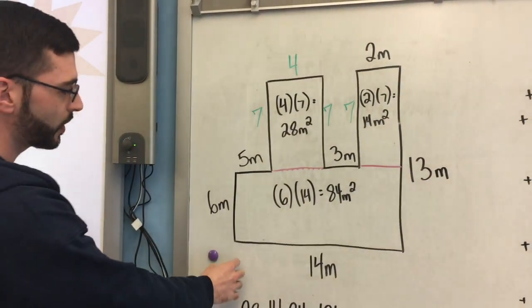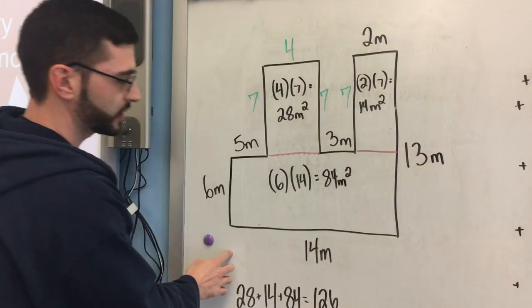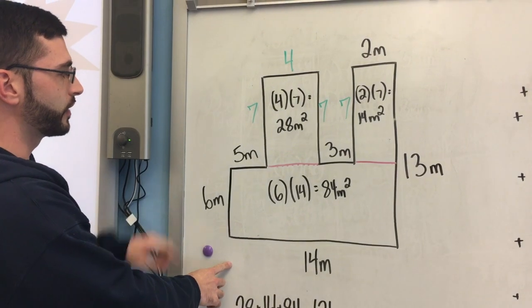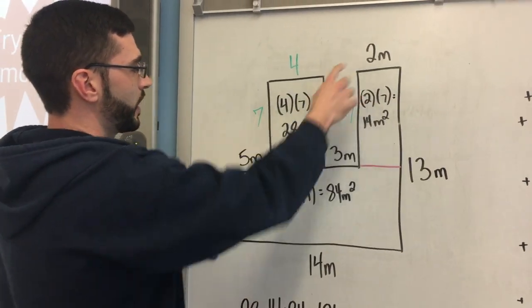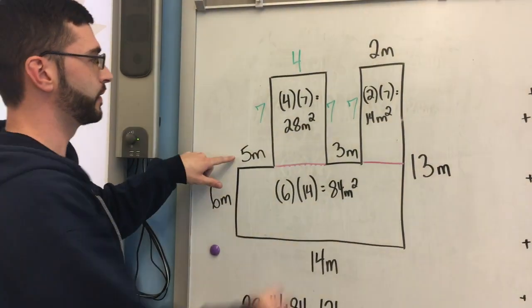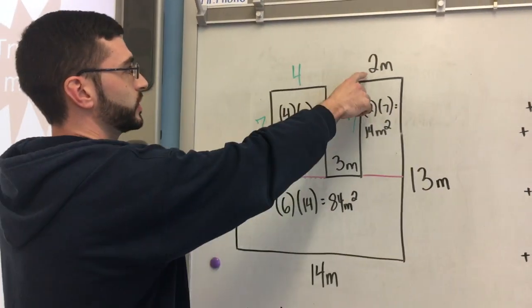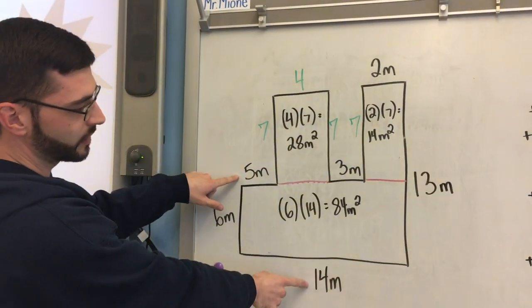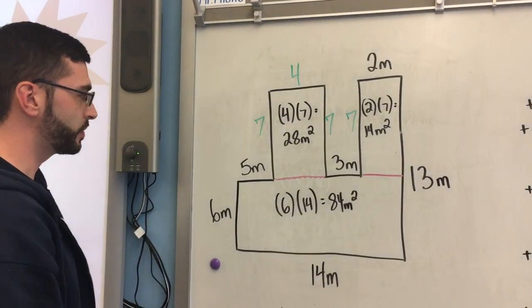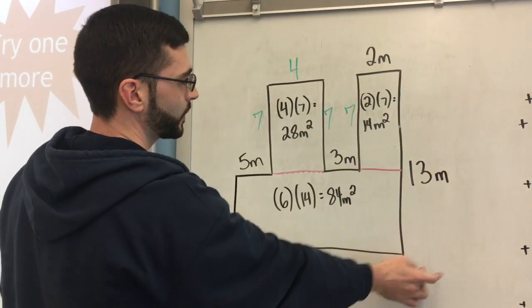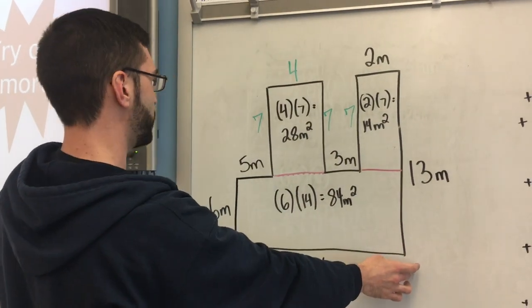The big clue was that this whole side length was 14. I already had a 5, I had a 3, and I had a 2. If I add that up, 5 and 3 is 8, plus 2 is 10. The only thing I need to make that 14 is a 4. The other big clue was this 13. So this side length was 13.